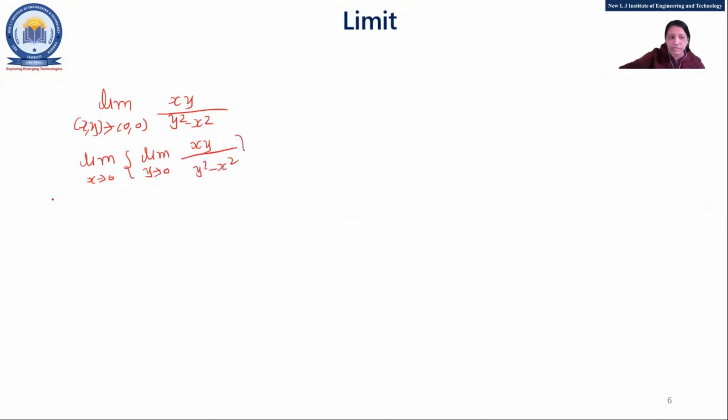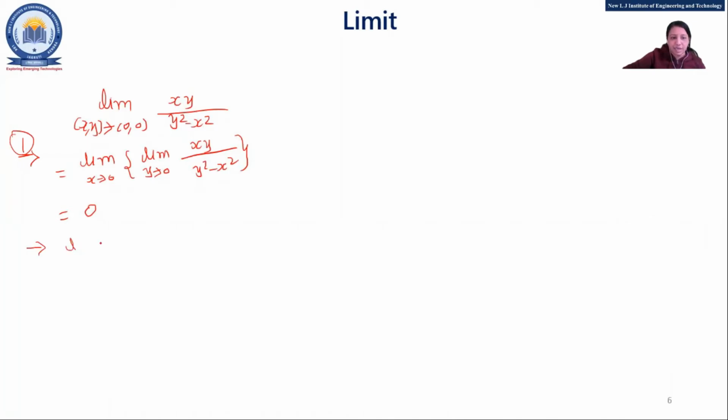What is the answer of this quickly? I'll not write each and every step. The answer will be 0, because y equal to 0 here. Now limit x tends to 0 of 0, so obviously your answer will be 0. This is what we calculated in the first case.